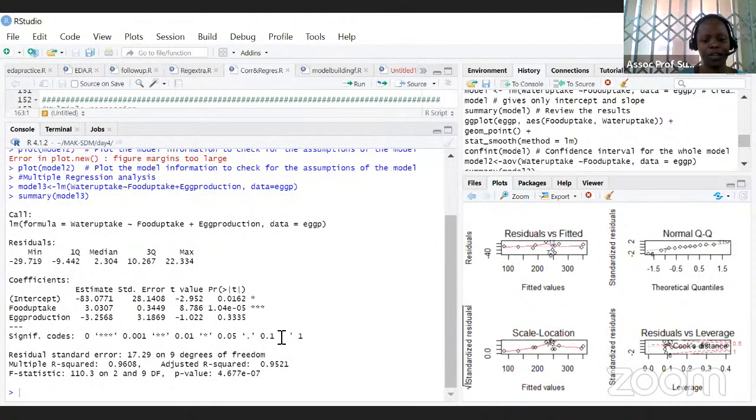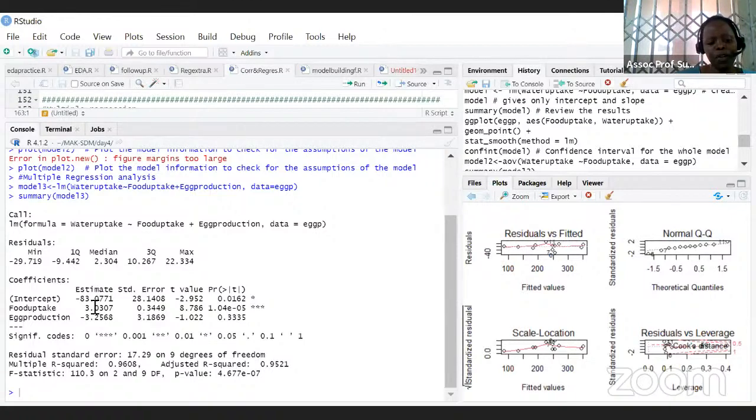If you look down at the console, we have our coefficients showing the intercept, the slope for food uptake, and the slope for egg production. So you can write your regression equation using these estimates, and we can interpret these estimates.